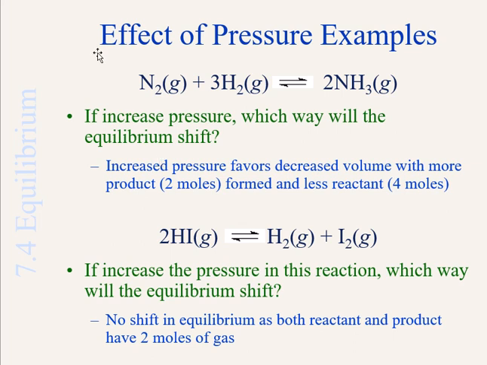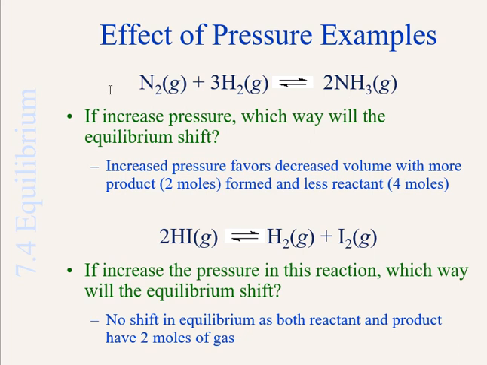For example, if we were to increase pressure here by decreasing the volume, which side will the reaction move? If we lower the volume in which this reaction is taking place in some sealed container, the reaction will move to the right. The reason is, look at the concentrations or look at the pressure. We have 4 moles of reactants, 3 plus 1, nitrogen is 1 mole, and only 2 moles of the product.